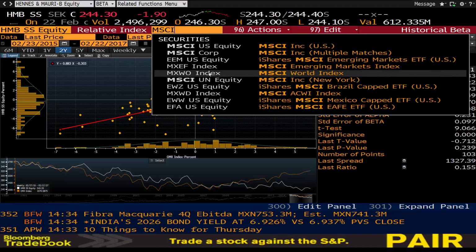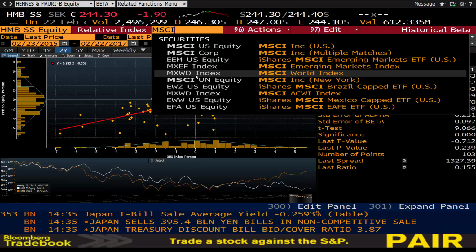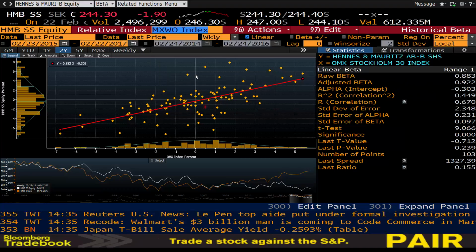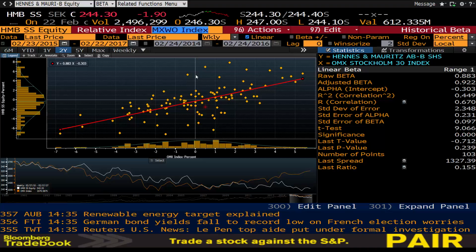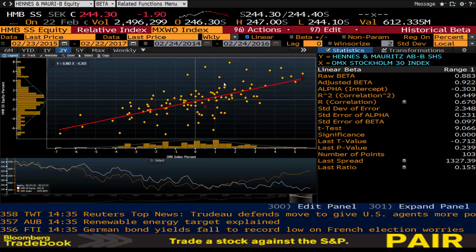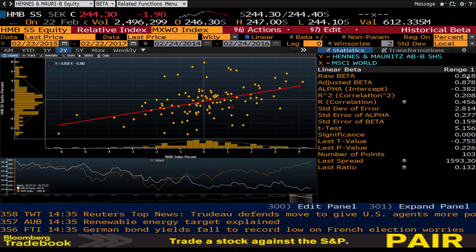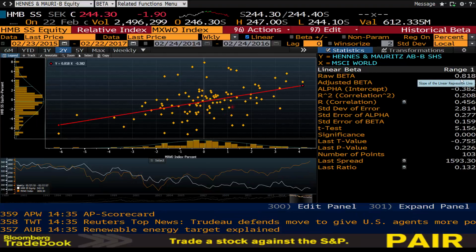What I'm trying to find is the MSCI World Index, which has the code MXWO, and that provides us with a more global type of index. If I select that, click enter, this regression will be re-estimated for us, and we can see that the raw beta has gone down to 0.81.